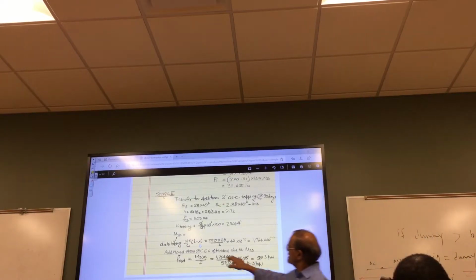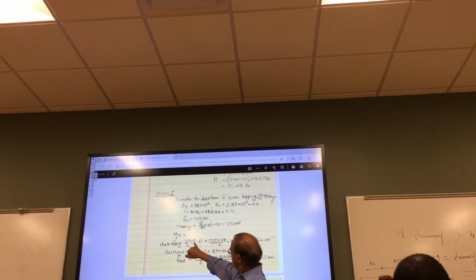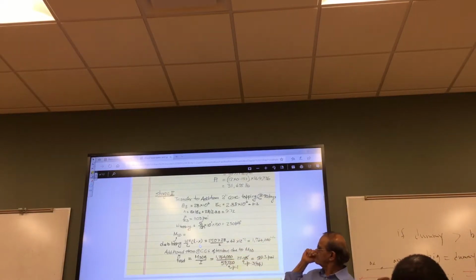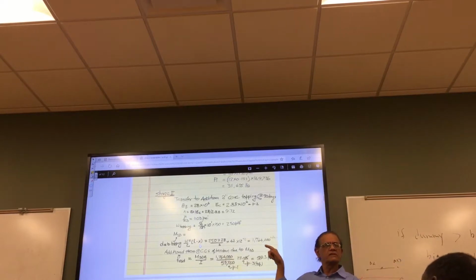Because we are calculating, this is the length of the member, this is the distance X, and this is L minus X. X is 28, L minus X is 42. So that's what you need. Okay, because our length is, I believe, 70 feet, right?